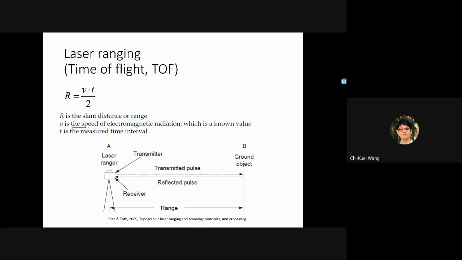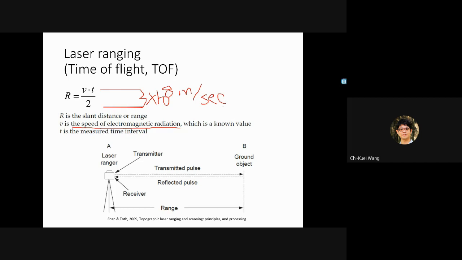So the speed of electromagnetic radiation, the speed of light, usually in vacuum is 3 times 10 to the 8th meters per second. That is the speed of light.